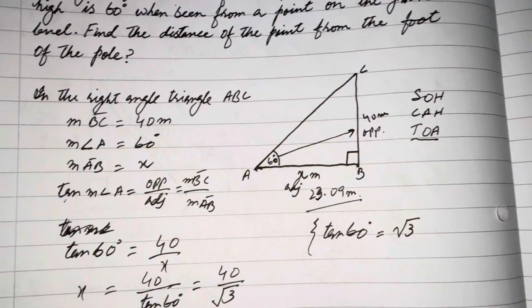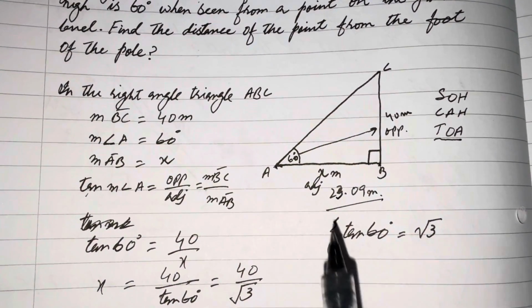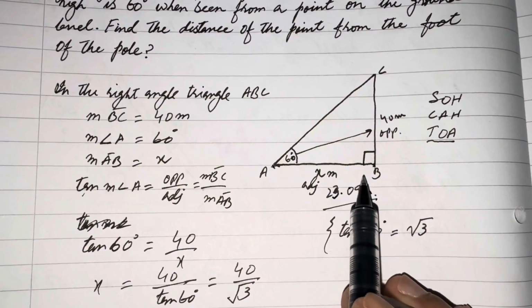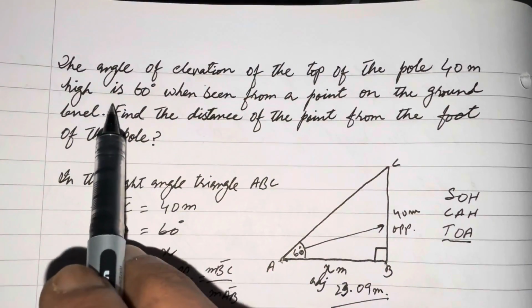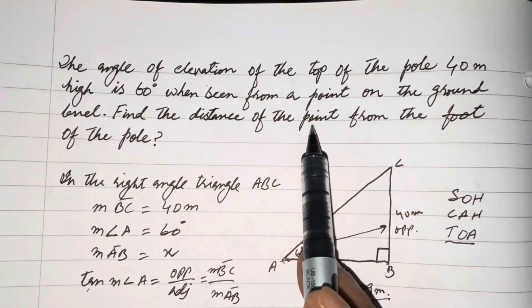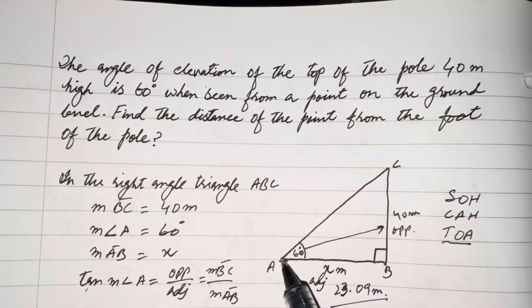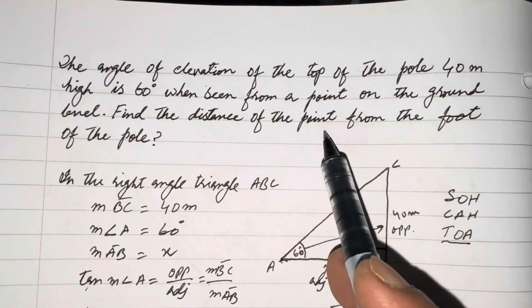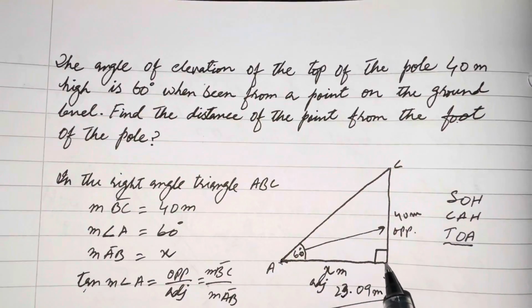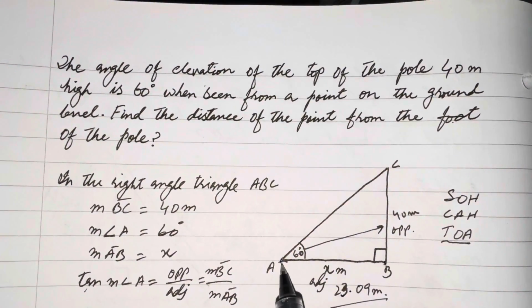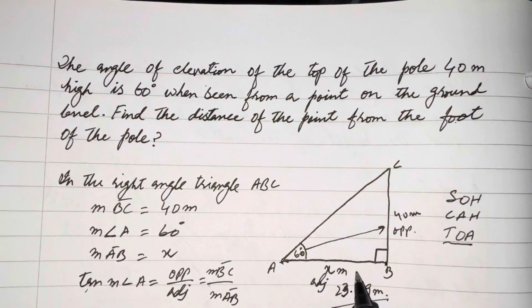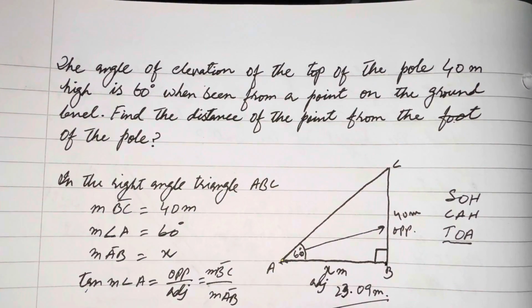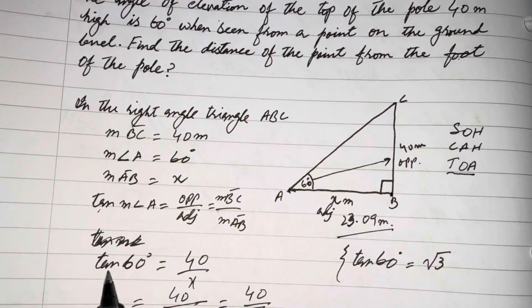So that's how we can find the distance from the point A to B, or if you say the statement which is given as find the distance of the point where the angle of elevation is making from the foot of the pole, the distance between A and B we have found with the help of trigonometric ratios, that is tangent 60.